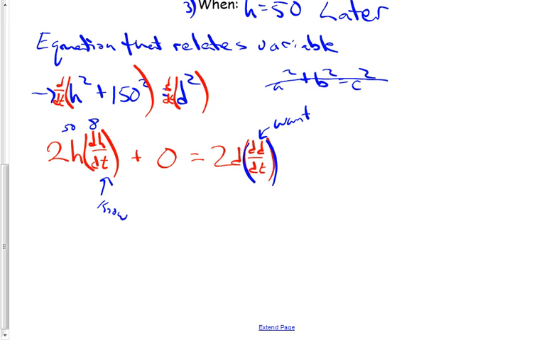Ready for that? I'm going to go off to the side here. This is under the given circumstances that this is 150 and this is 50, right? Now, I can only do this 50 after I've done the derivative, because we talked about it before. If I let this be 50 and this be 150, there's no change, okay?